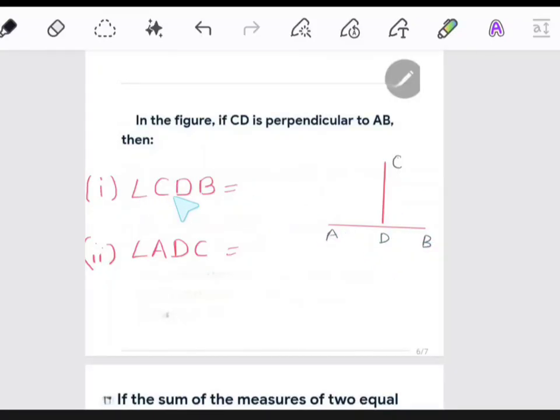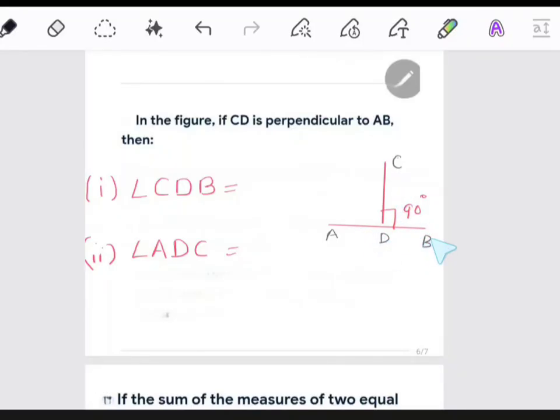Angle CDB is 90 degrees, because a perpendicular line creates a 90 degree angle on both sides of the intersection point. Note this point.